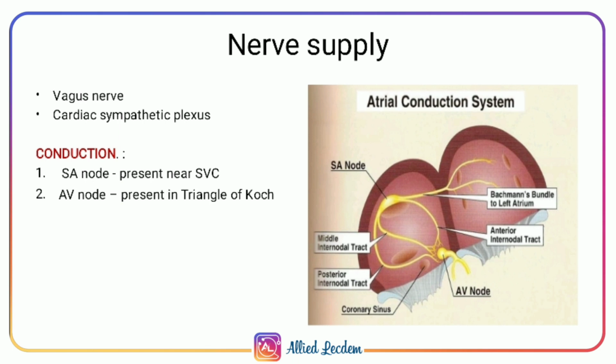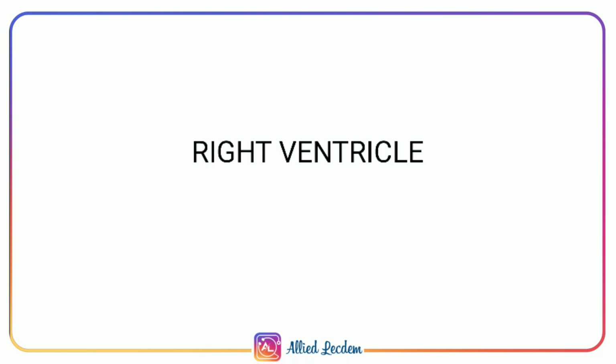One branch, called Bachmann's bundle, transfers the impulse to the left atrium, whereas the three internodal tracts, namely anterior, posterior, and middle tract, transfer the impulse throughout the RA and end in the AV node. The AV node is present in the atrioventricular orifice, accurately in the triangle of Koch.